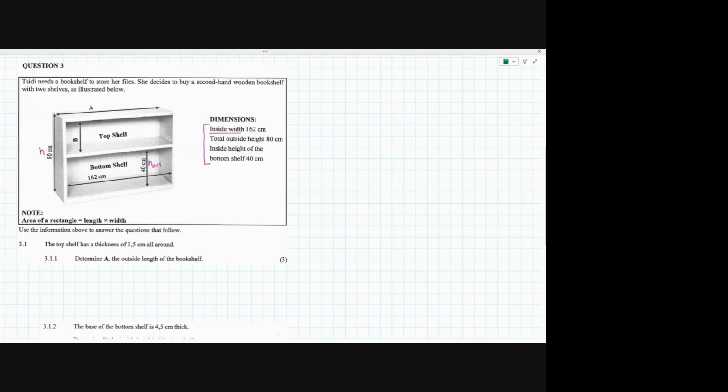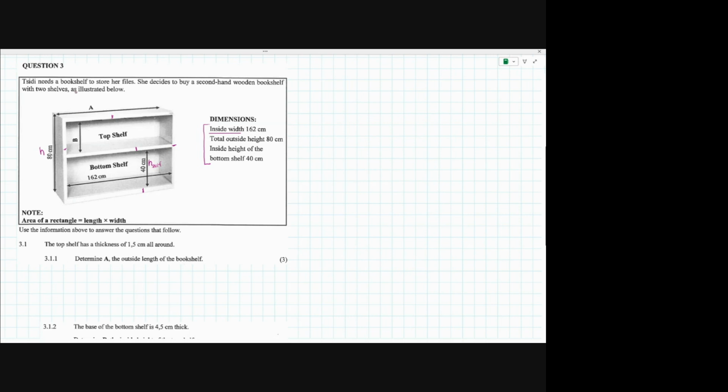So if you were to measure from outside, that would be slightly more to accommodate for the thickness of the wood. The total outside height, 80 centimeters. The inside height of the bottom shelf is 40 centimeters. And again, remember that the wooden pieces on the side, all the way around, would all have a certain thickness. That's just something to bear in mind.